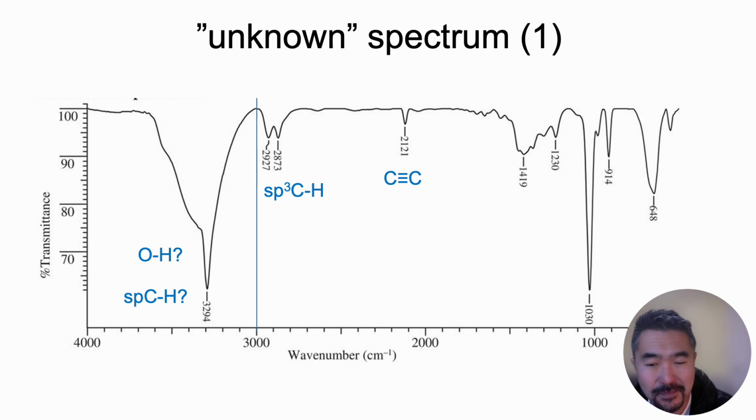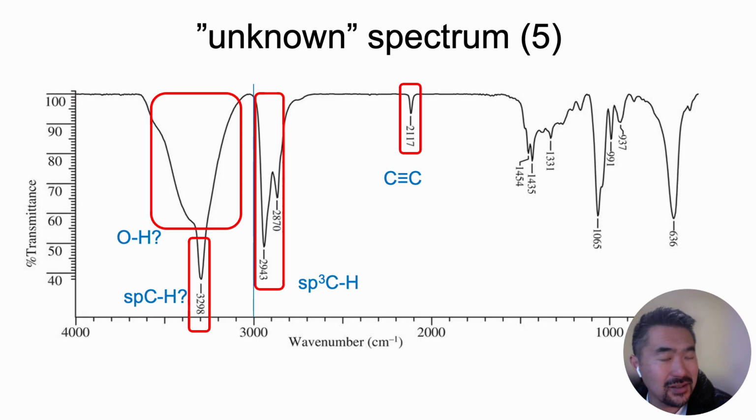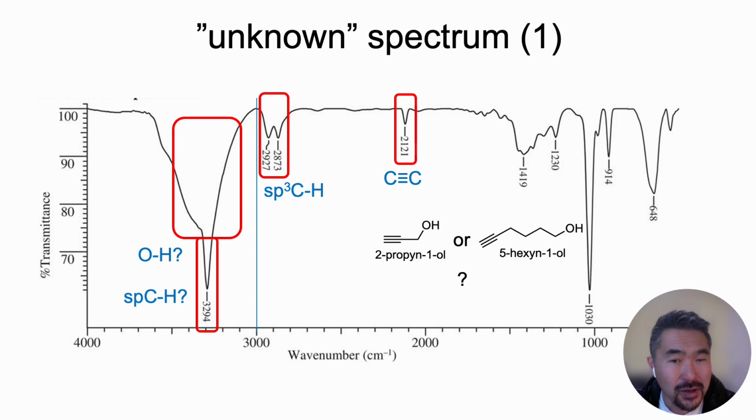Now, that's great, but one thing you might notice is this looks exactly like unknown spectrum 5 with some differences in the fingerprint region. Unknown spectrum 1 and unknown spectrum 5 both seem to have the exact same functional groups. And in fact, you might have noticed in the pool of structure candidates for the unknown spectra, there are two compounds that are very similar.